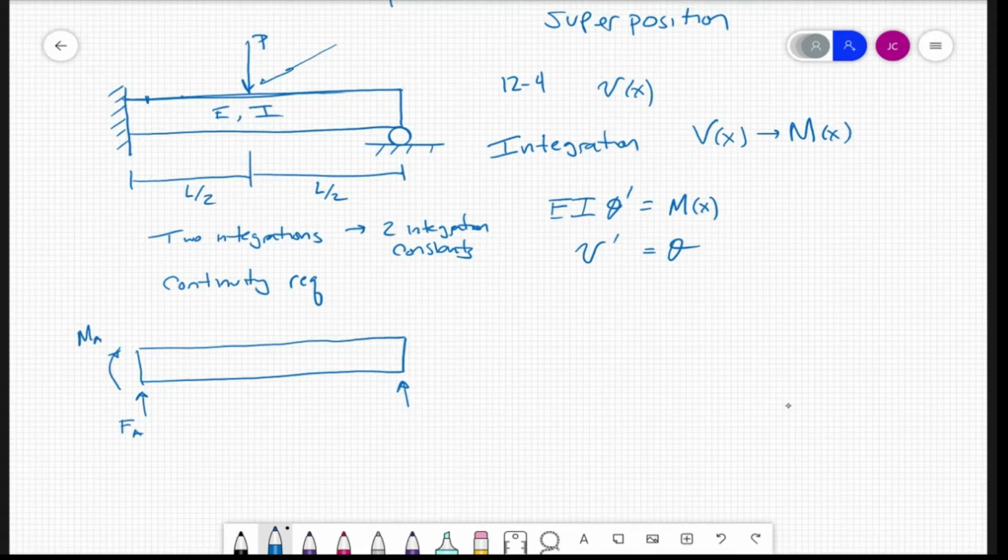So we'll call it A and B as the two ends, right? And then here in the middle, we have P. All right, so if we do sum of moments, I don't know, whatever.